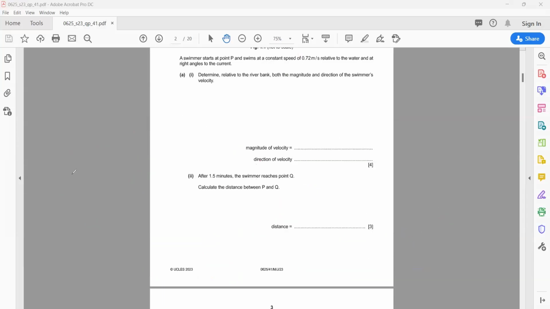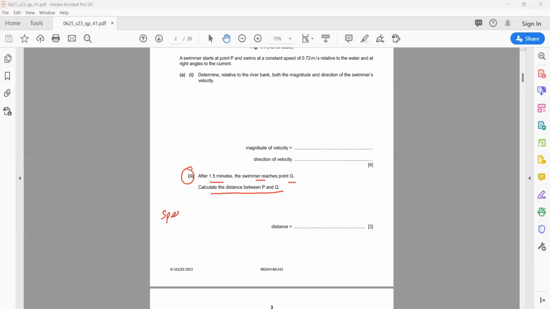After that, the second part. They're saying after 1.5 minutes, the swimmer reaches the point Q. Calculate the distance between P and Q. For that, you need the formula once again. If the speed is constant, because they said he is moving at a constant speed, that we have found already.